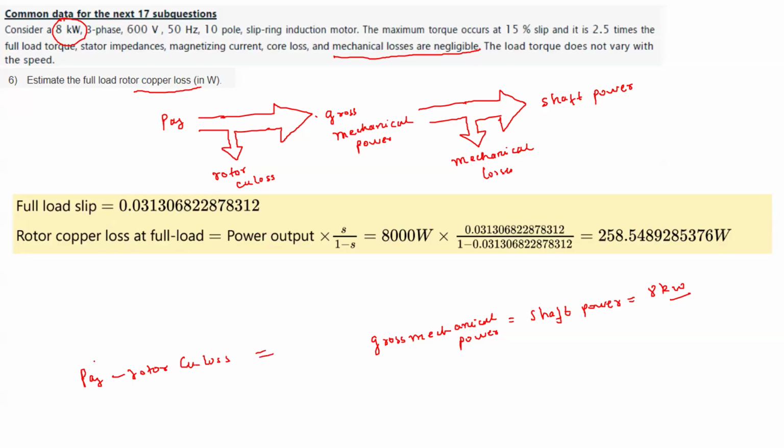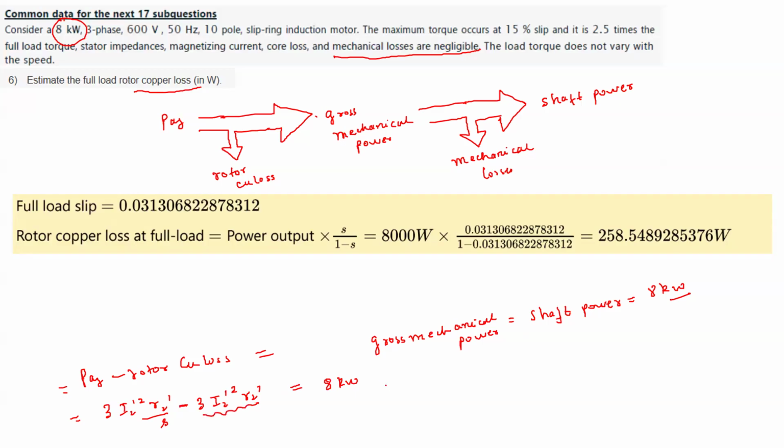Now, what is the air gap power? We have seen in the earlier classes that air gap power is 3 I2 dash square R2 dash by S minus 3 I2 dash square R2 dash. This is equal to shaft power, 8 kilowatt. So we know that the rotor copper loss is 3 I2 dash square R2 dash.